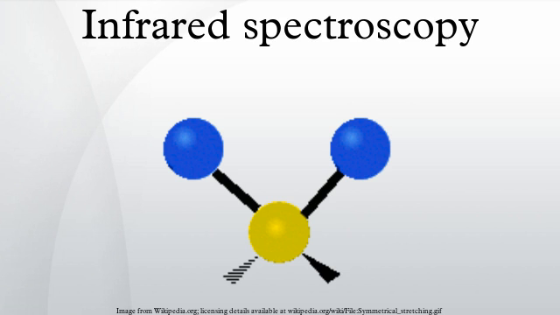A useful way of analyzing solid samples without the need for cutting samples uses ATR, attenuated total reflectance spectroscopy. Using this approach, samples are pressed against the face of a single crystal. The infrared radiation passes through the crystal and only interacts with the sample at the interface between the two materials.